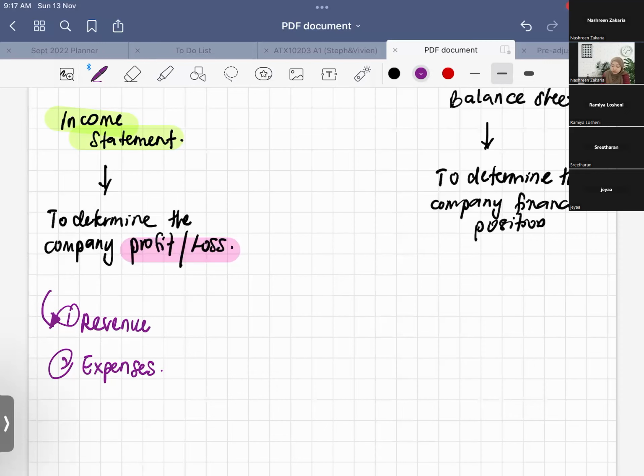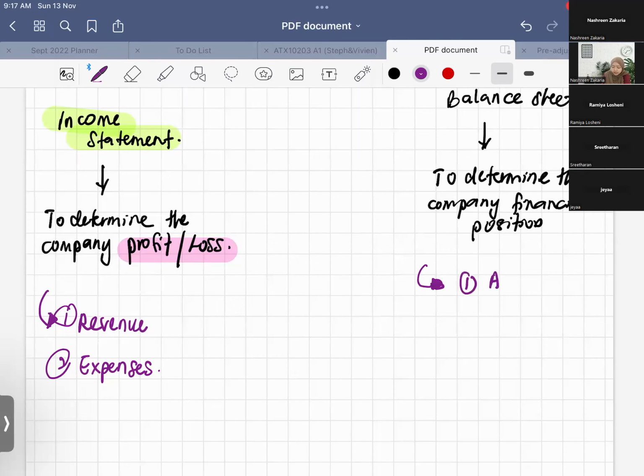Okay. So, for the balance sheet, it is the other three elements. It will include asset, which we have two, right? Non-current asset and current asset. And we will include liability also here. We have two, non-current liability and current liability.